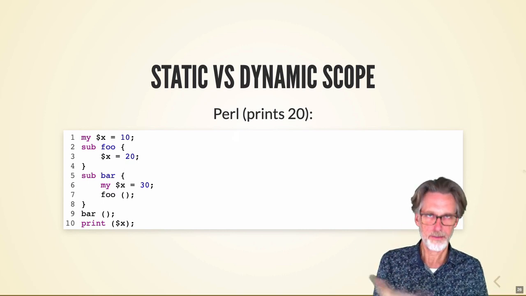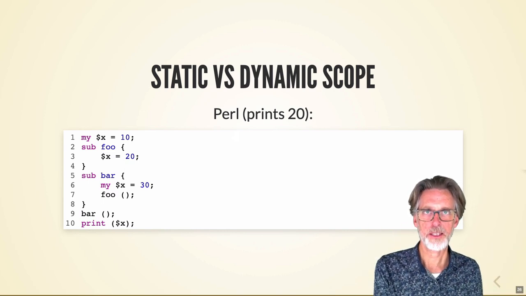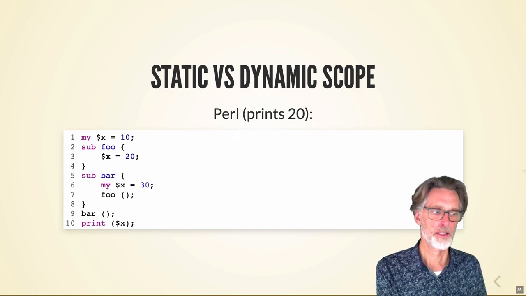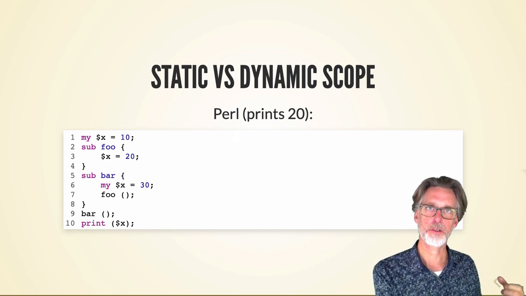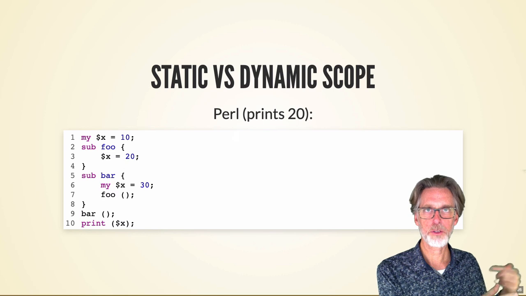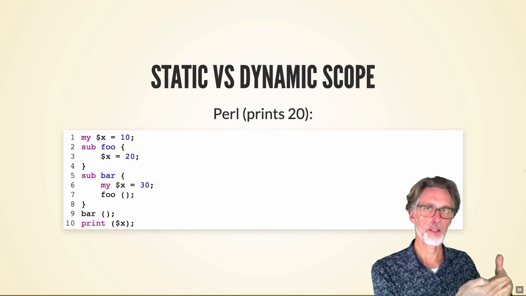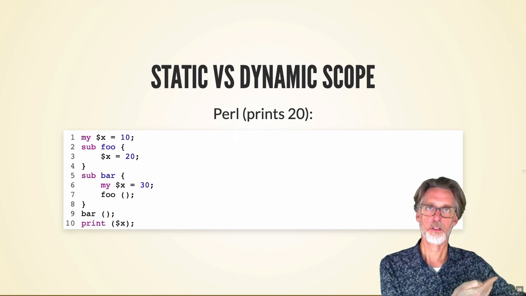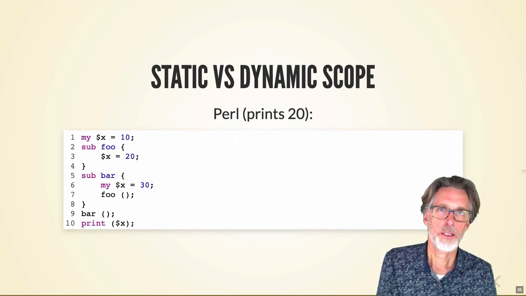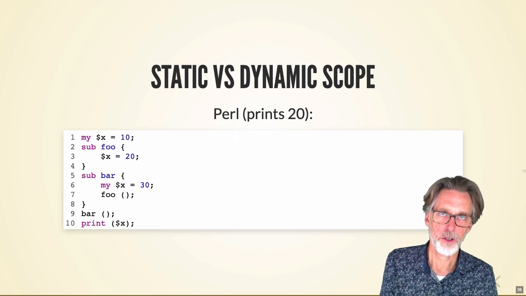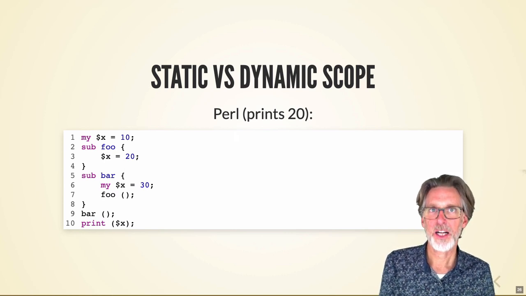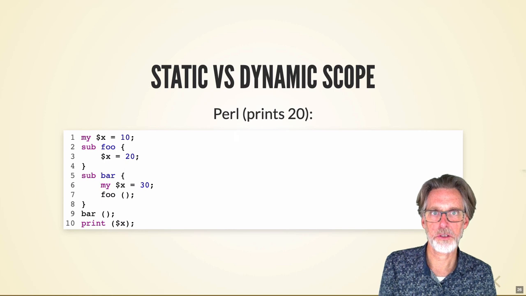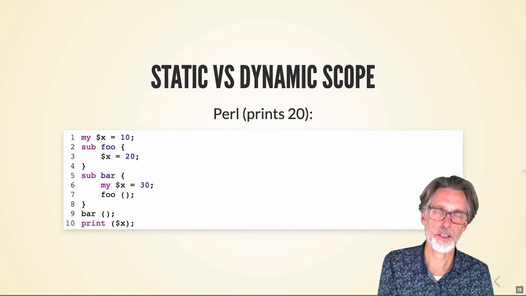Well, the way that it's tempting to do in a simple implementation is to simply have a stack of hash tables. So when I go to look for a variable, I look it up in the first hash table. If it's not there, I go to the second hash table, and so on and so forth. This kind of dynamic lookup is easy to implement in an interpreter, and that's why it's kind of common for interpreted languages to start off with this particular approach.